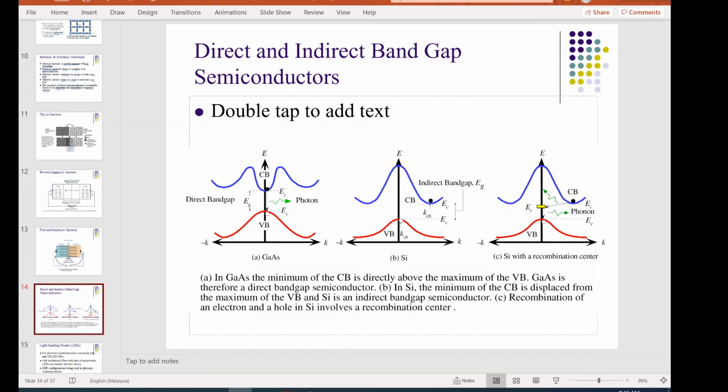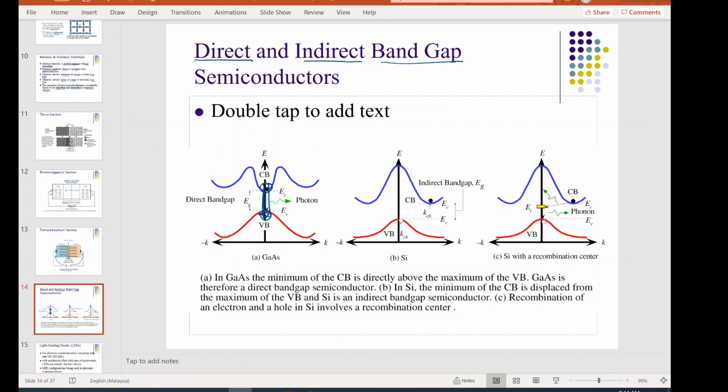Other information is about the type of semiconductor. We have direct and indirect bandgap semiconductors. For a direct bandgap semiconductor, it refers to the position in the K vector where the maximum of the valence band and the minimum of the conduction band coincide at this particular point. When the electron makes the transition, it is a direct transition.